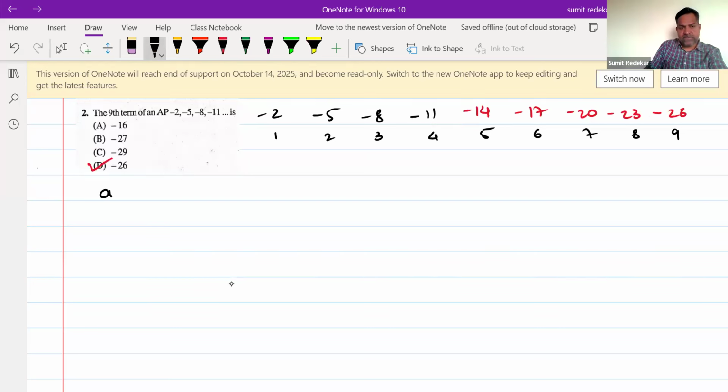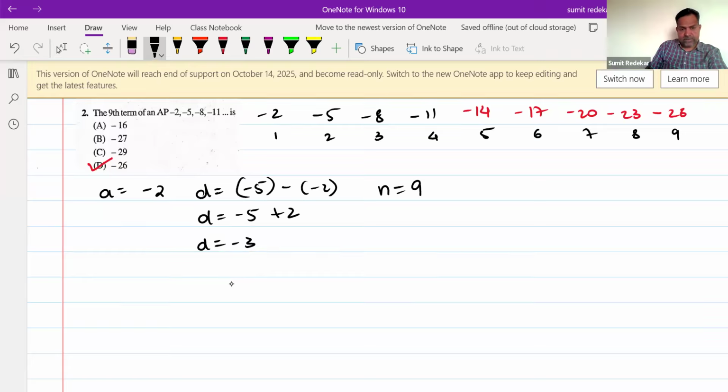Or you could also solve it. Here a is -2. The common difference is the difference of any two terms, which is -5 minus of -2, so the difference is -5 plus 2, so the difference is -3. You want me to find the ninth term. I will say Tn is a plus n minus 1 into d.